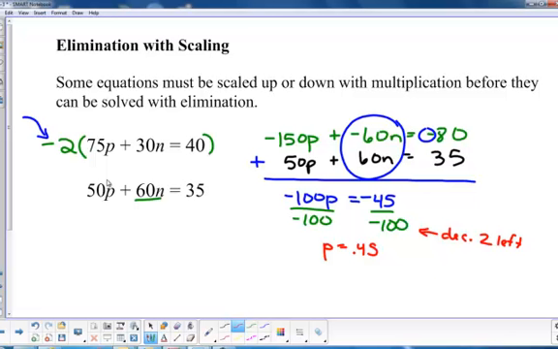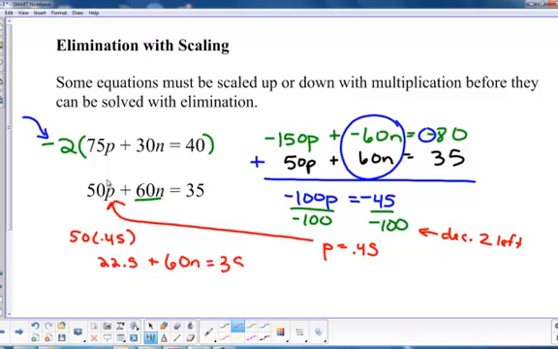So we're going to plug that in for p. It doesn't matter which one you plug it into. So 50 times 0.45, plus 60n is 35.